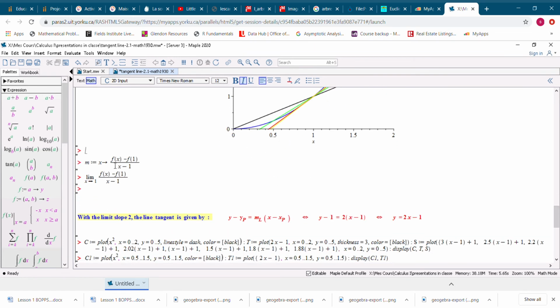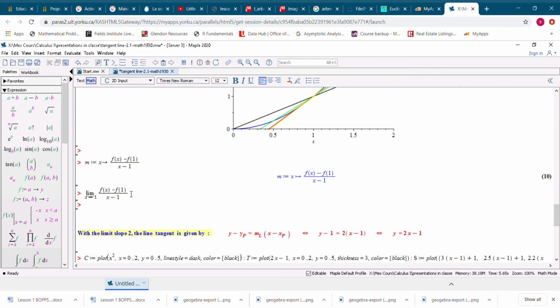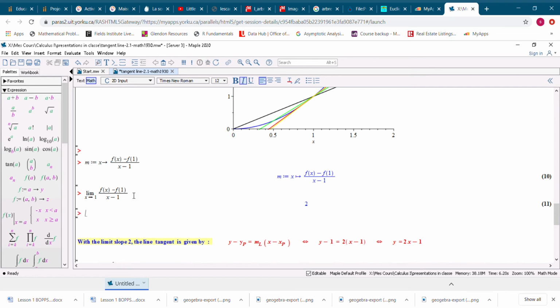Now let's consider the point Q with x-coordinate x, then approach x to 1 and see if the slope of the secant line has a limit or not. So let's do it. Now the limit of m is 2. It has a limit.